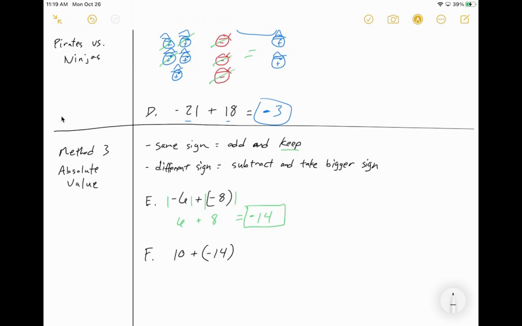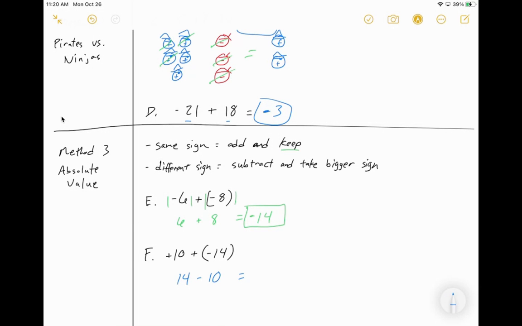We don't put the plus sign, but you can think of it as a positive 10. Okay. So let me rewrite that. And you have a negative 14. So the signs are different. Okay, so then what we're going to do, we're going to subtract the numbers. 14 minus 10. Okay. Just subtract. Bigger minus smaller.